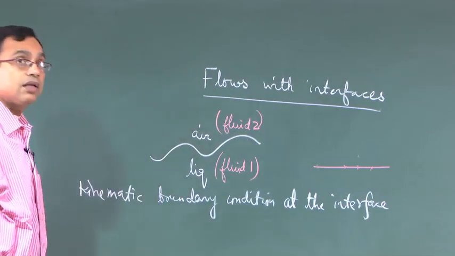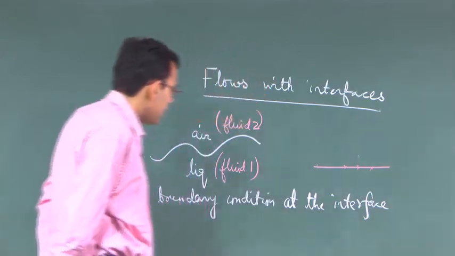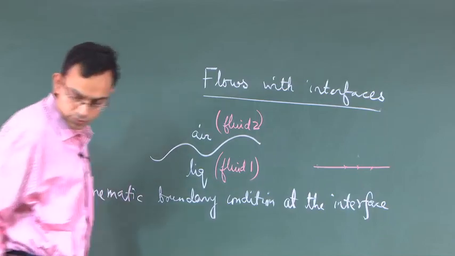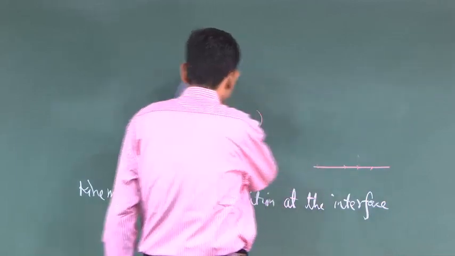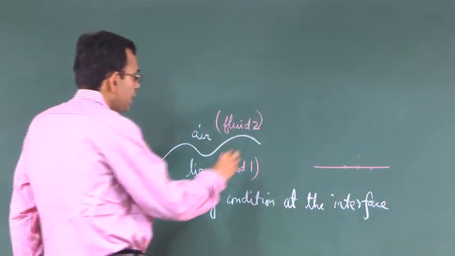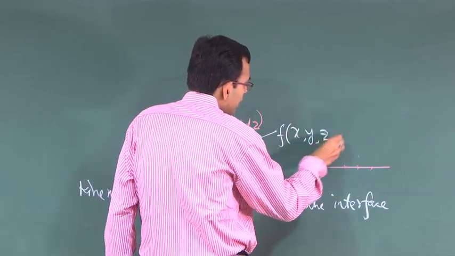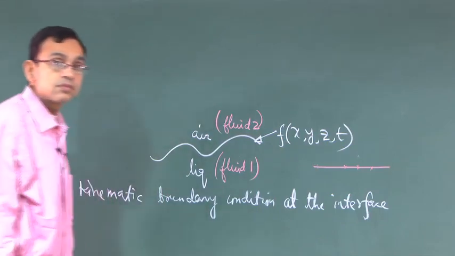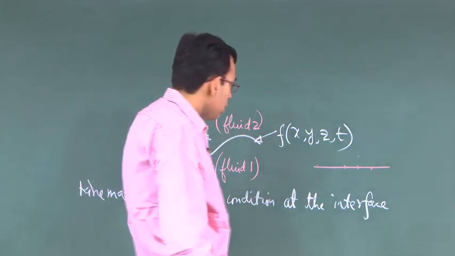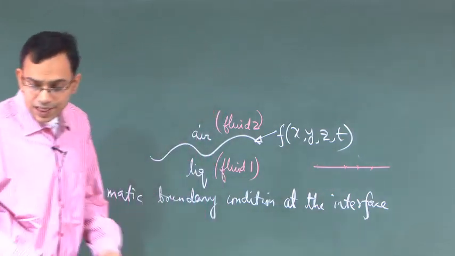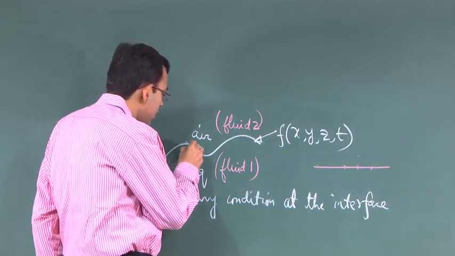Kinematic boundary condition at the interface. Let the interface be defined by a function f of x, y, z and time. Now, physically, if you are sitting on the interface, try to understand the concept very carefully.